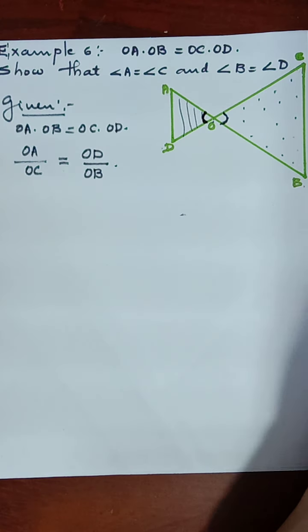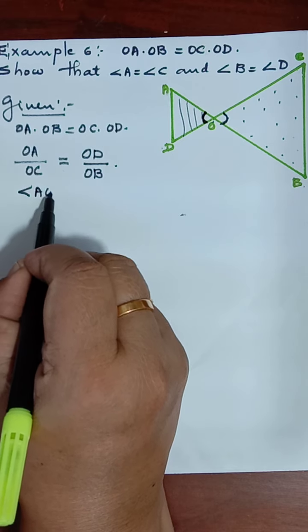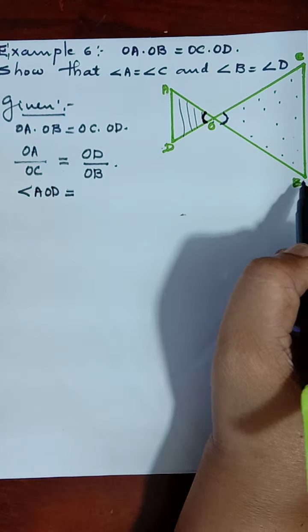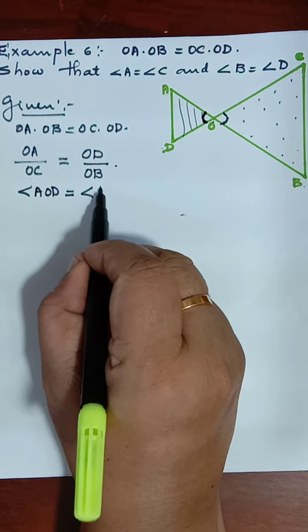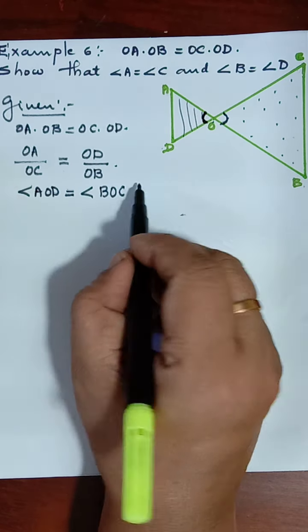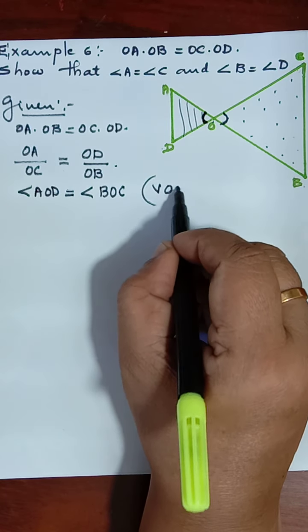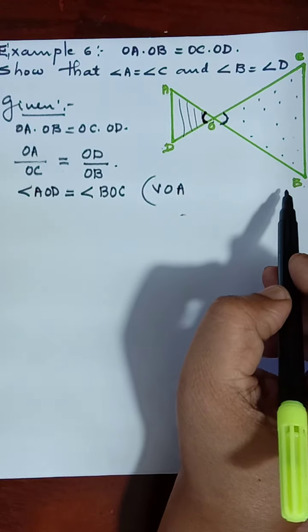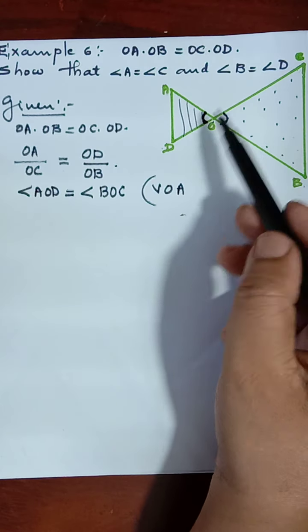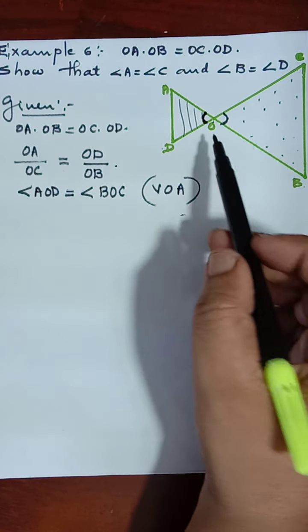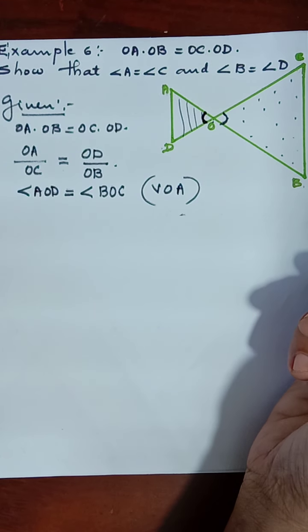they are equal? That is angle AOD equal to angle BOC. Angle AOD equal to angle BOC, vertically opposite angles. Here AB is intersecting DC at the point O. Therefore, vertically opposite angles are equal.